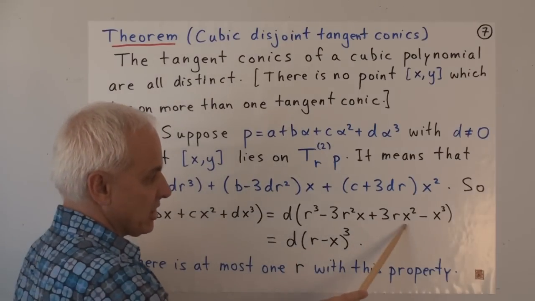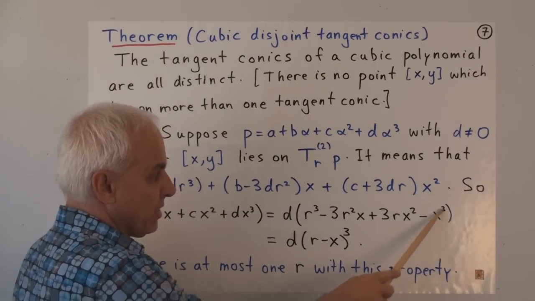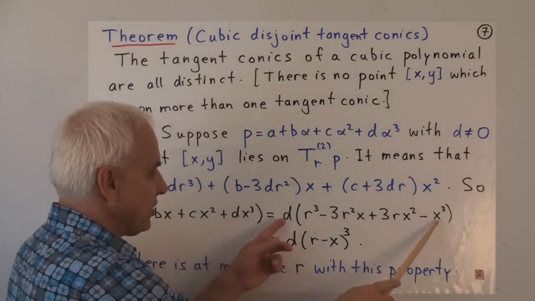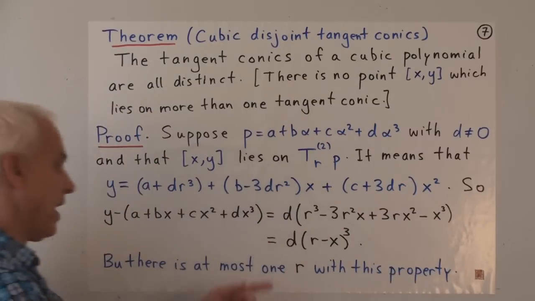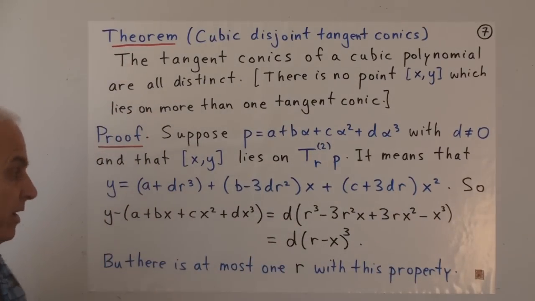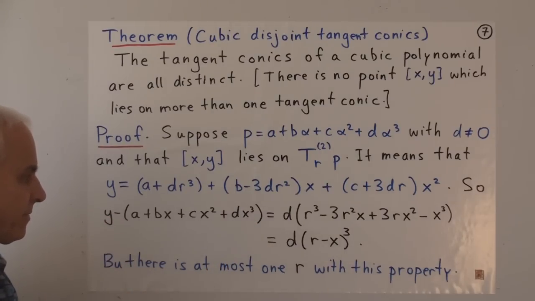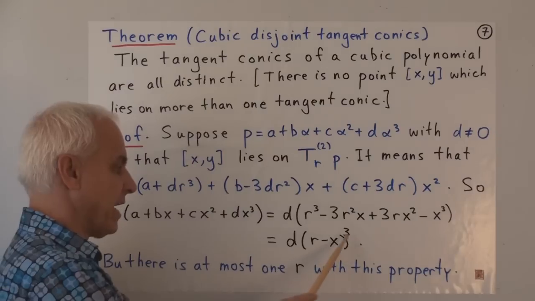And to make it such an expansion, we add minus x cubed inside this bracket. So we've added minus dx cubed to this side, and to compensate, to keep things in equality, we're going to add minus dx cubed inside here. Well, then this is just d times r minus x all cubed.